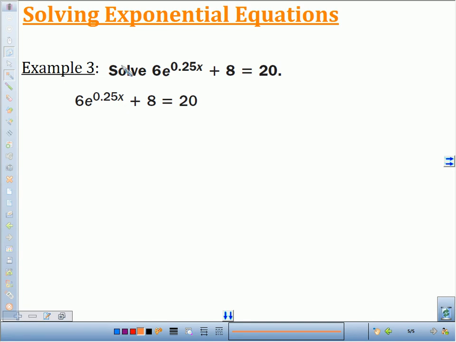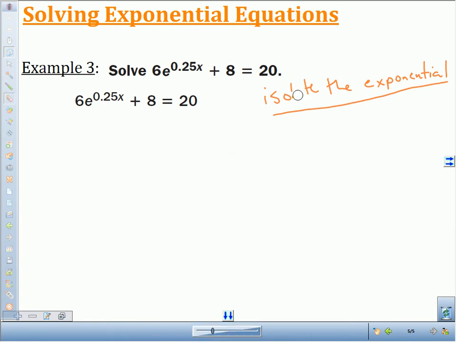For instance, the first thing that we need to do is isolate the exponential term. So we want to isolate the exponential. That would be the very first thing that we do. Let me rewrite that so it looks like I actually know what I'm doing. That would be nice. There we go. So the first thing we want to do is isolate the exponential.